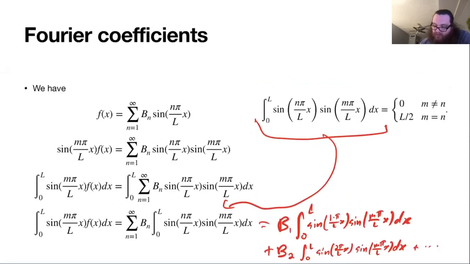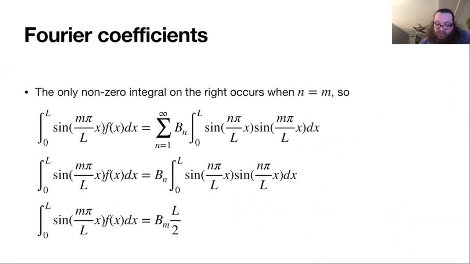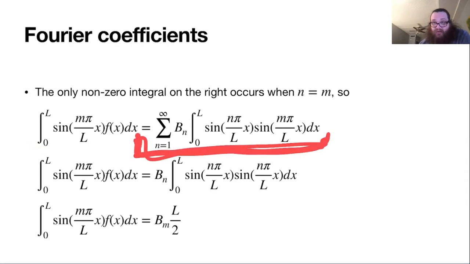So the only non-zero term is going to occur when n is equal to m. In that case, the left-hand side is unchanged. In this summation, the only non-zero term is going to be when n is equal to m.